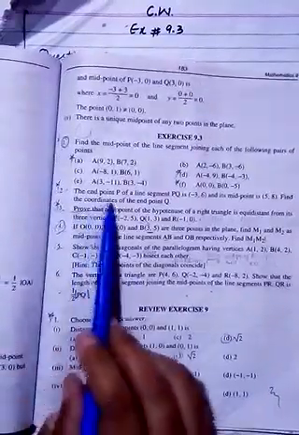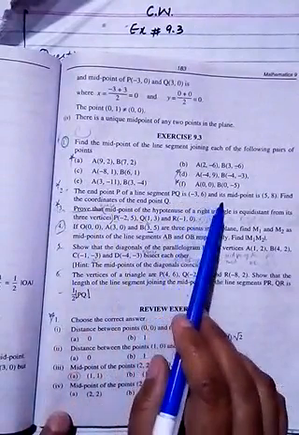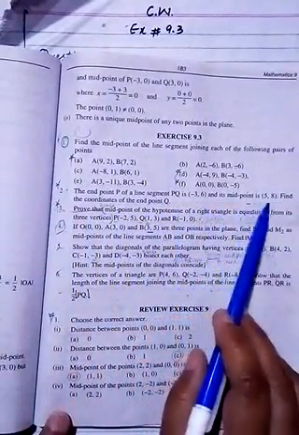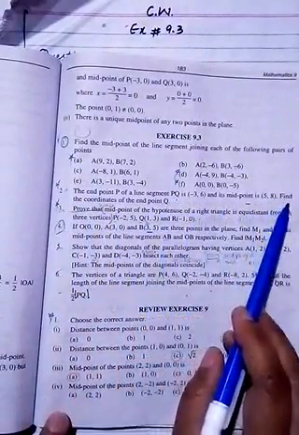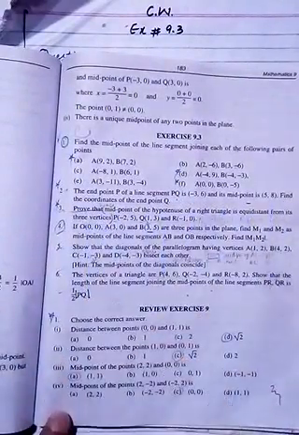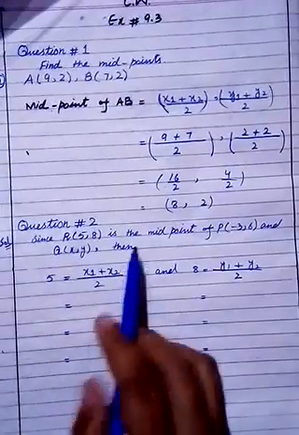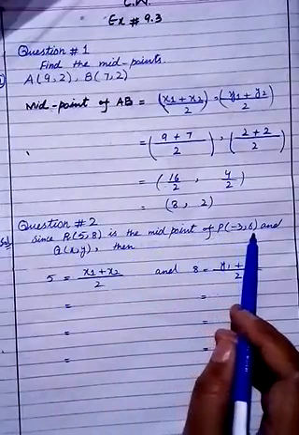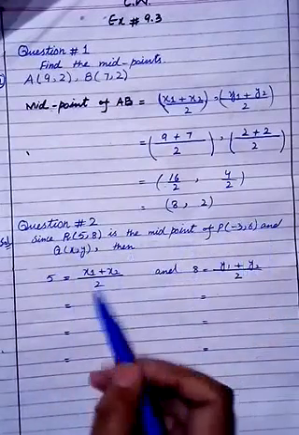Question number 2: the end point P of a line segment PQ is (minus 3, 6) and its midpoint is (5, 8). The midpoint is given and one end point also. You have to find the coordinates of the end point Q. First of all, let R (5, 8) be the midpoint of P (minus 3, 6) and Q (x, y). Q is what you have to find.